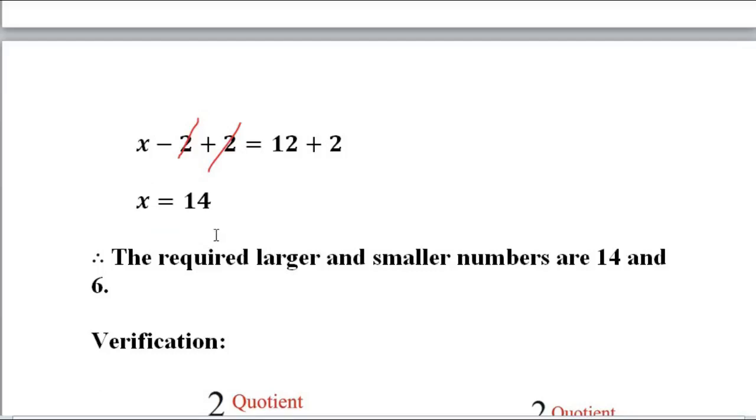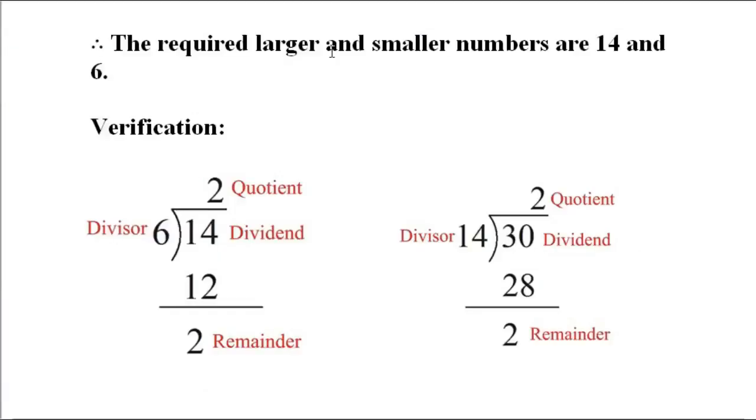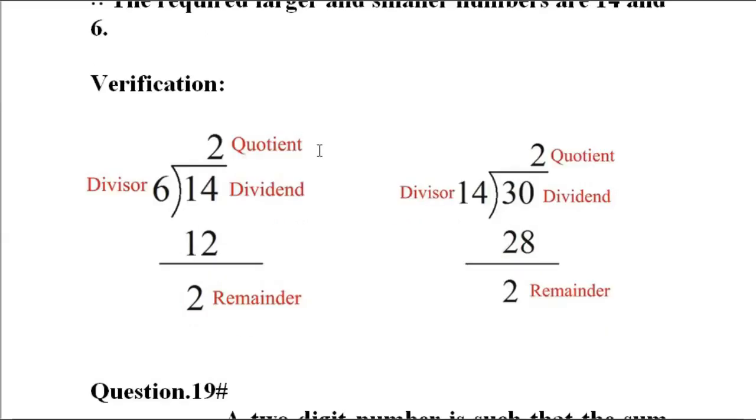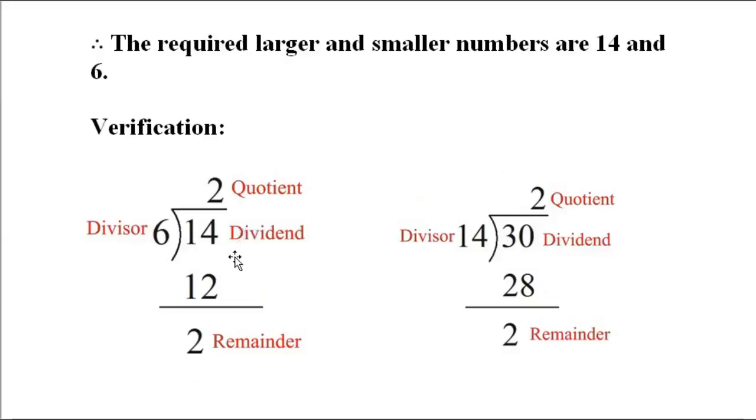Now that we have found the values of the variables x and y, the required larger and smaller numbers are 14 and 6. You can also verify the values for the variables x and y. According to the first condition, when the larger number 14 is divided by the smaller number 6, both the quotient and the remainder are 2.